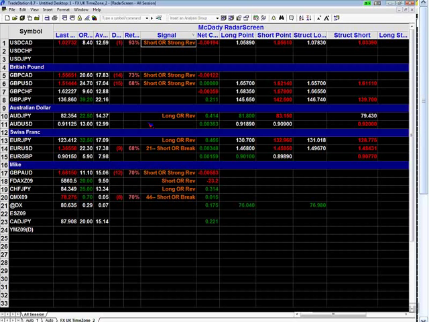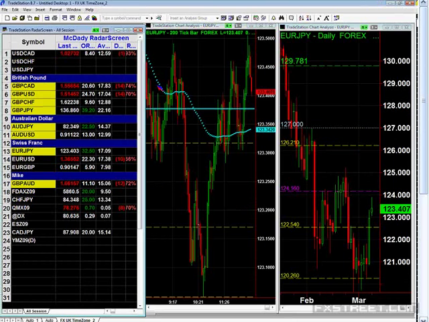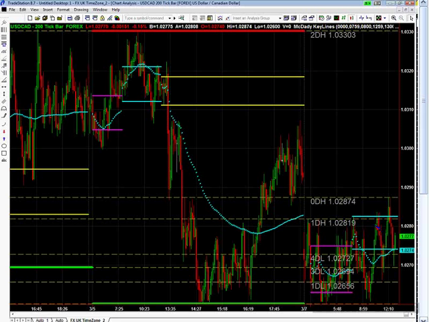I'm showing you now how we find the reversals, and then I'm going to put the charts. I also see that the pound CAD had a reversal. The pound dollar also had a reversal. See here, this is the London session.